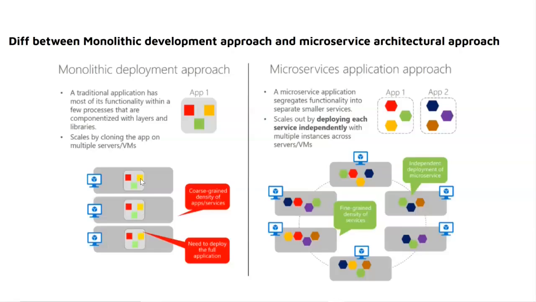Now, when we consider resource utilization, in monolithic you can call it coarse-grained density of the apps or services, which runs the full application regardless of which parts are mostly used. While in microservice, it is described as fine-grained density of services, allowing a mix of different service instances per server, optimized for actual usage.